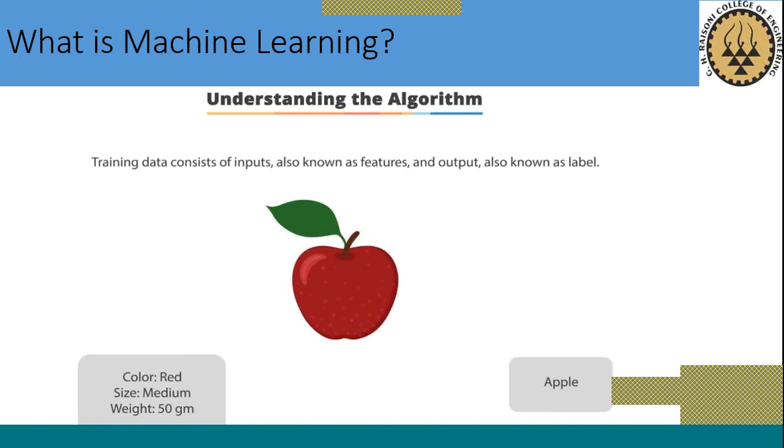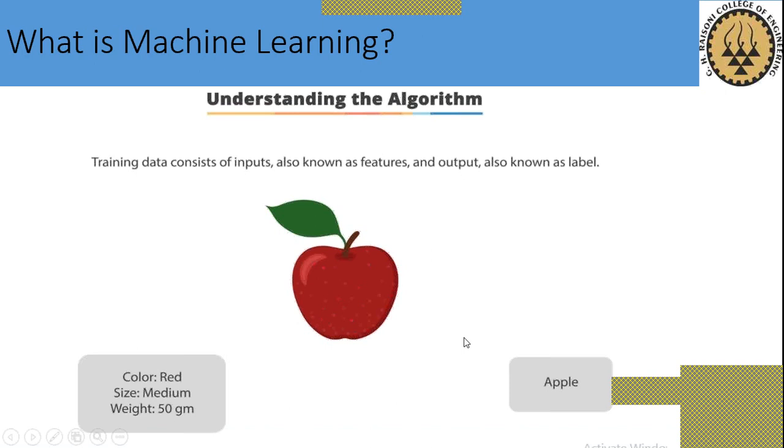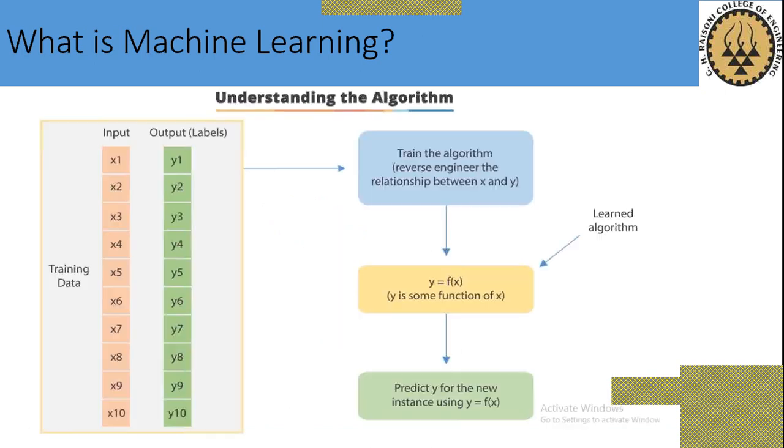Because these features match more closely with its trained data set, which says that if an item has the color red, its size is medium and its weight is near about 50 grams, it can be called an apple. This is a very basic example. It is not exactly how machine learning works, but it is a very basic example.